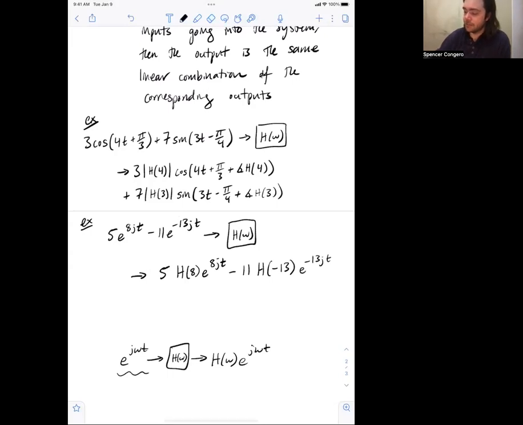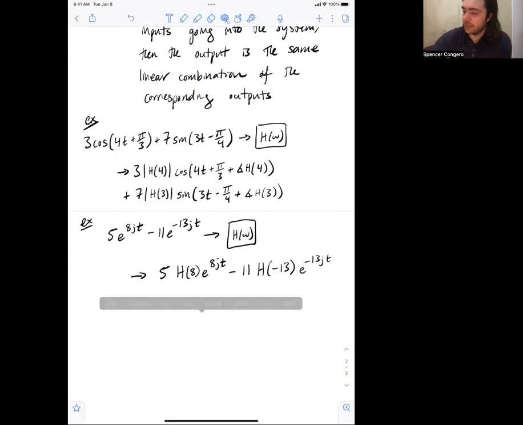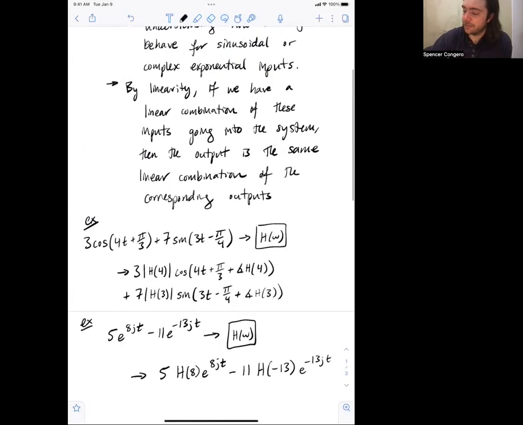I just used this property twice and then used linearity to say I have a linear combination of these two signals, 5 times the first minus 11 times the second. Well, that means my output should be the same linear combination, 5 and negative 11, of the corresponding outputs. So that's what I meant over here: the same linear combination of the corresponding outputs.